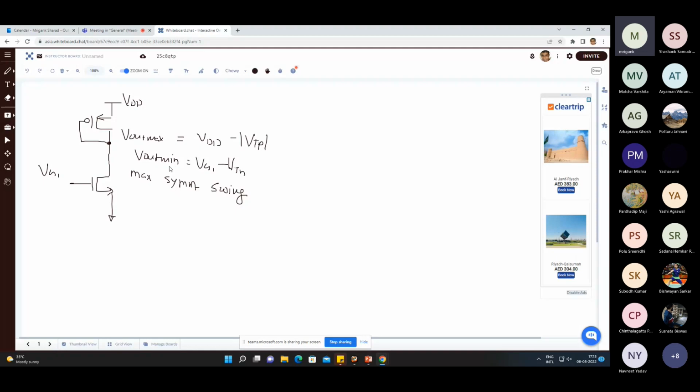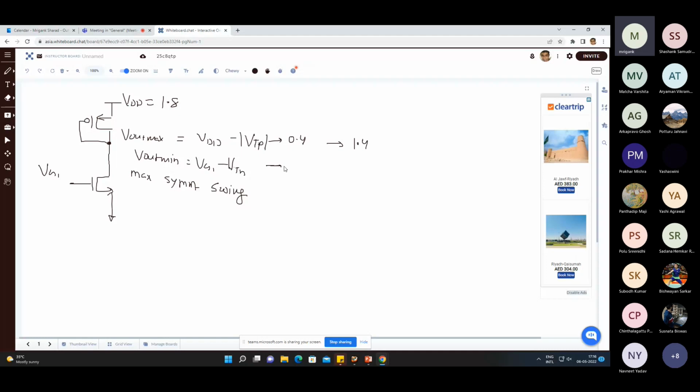For example, say VTN as well as VTP both are 0.4, and VDD is 1.8. So Vout max that we get is going to be 1.8 minus 0.4, which is 1.4.